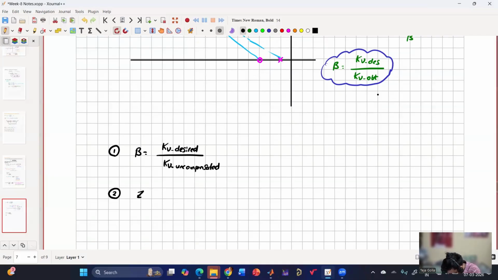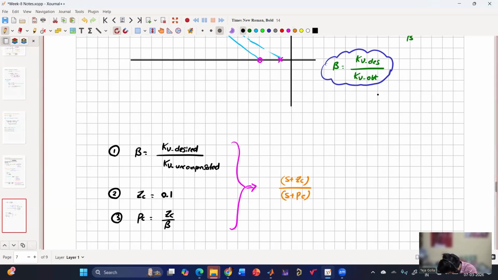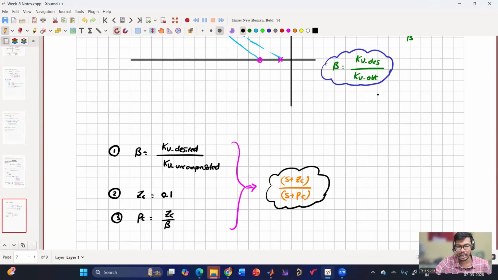Then ZC is assumed to be 0.1, close to the origin, and then PC will be ZC by beta. In this way, we will calculate the lag compensator, finally getting s plus ZC by s plus PC. Okay, so this is how we will get the overall lag compensation.